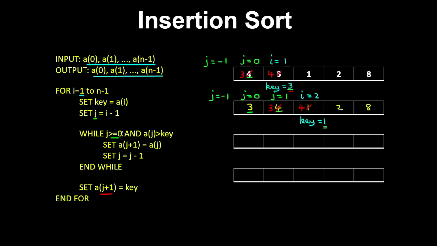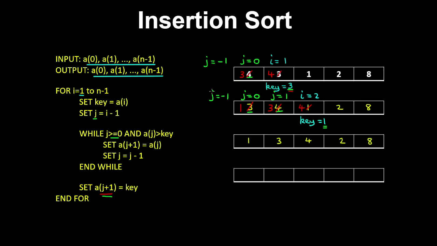So now j is not greater than or equal to 0, so the loop terminates. And then the element at j plus 1 is set to the key, which is 1. So as we can see, 1 was inserted before 3 and 4 in this array list. So our current array list looks like this.